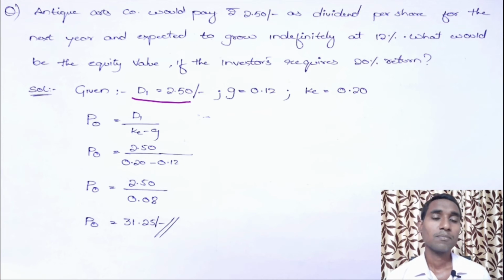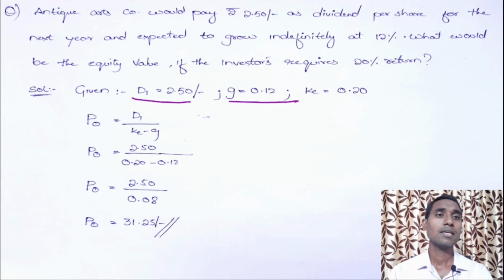In the question itself, they are giving that the dividends are growing indefinitely at 12%. That means it's a constant rate. The dividend or earnings of the company grow at a constant rate. So we will use the constant growth rate model to solve this problem.